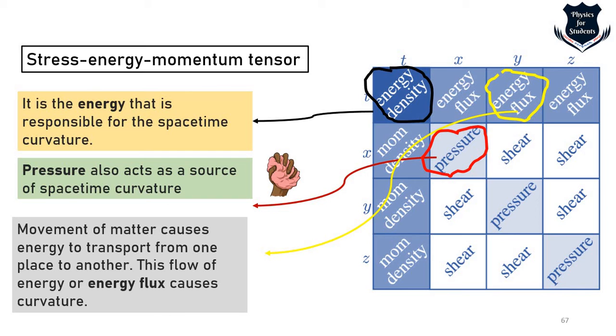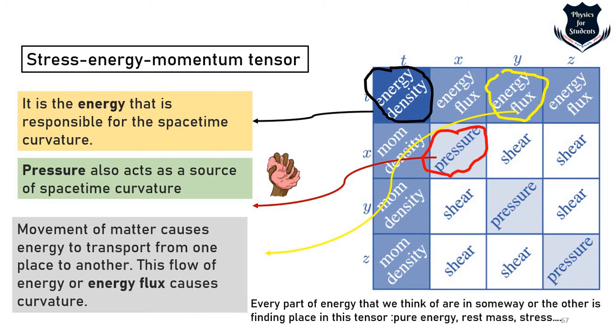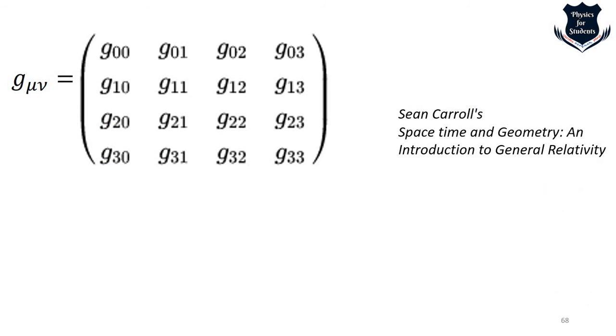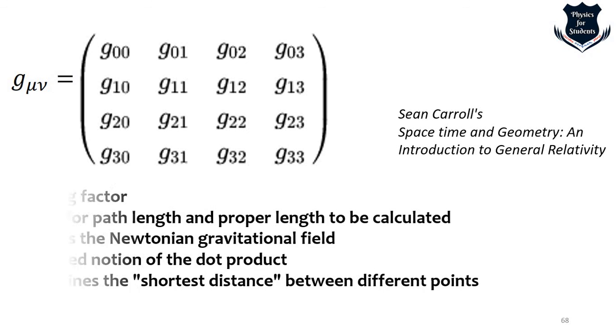This is the movement of matter, which causes energy to transport, and is called the energy flux, which causes the curvature. So any part of the energy that we think in this universe somehow takes a place in this matrix. However, when we talk of this one, we have to make another video in order to explain each and every component. So I have taken Sean Carroll's book and have just drawn a basic simple idea.